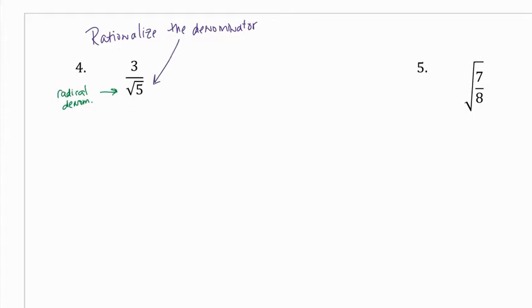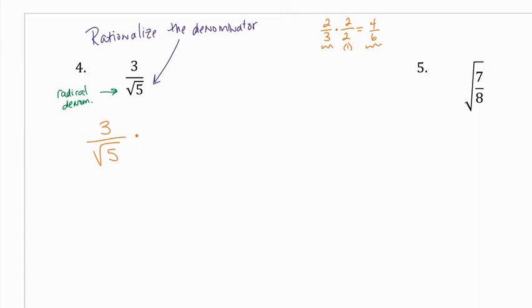So we are going to take our 3 over radical 5, and we can always take a fraction and multiply it by some form of 1, right? Just like if I take 2/3, I can multiply it by 2 over 2, and I get 4/6. The 2/3 and the 4/6 are equivalent because we're multiplying by this form of 1, right?